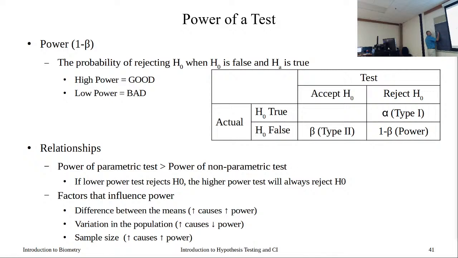So if this is our means, all right, those are our two means, and we're trying to detect the difference between these values, we can have a small amount of variation. All right, that's going to give us high power.